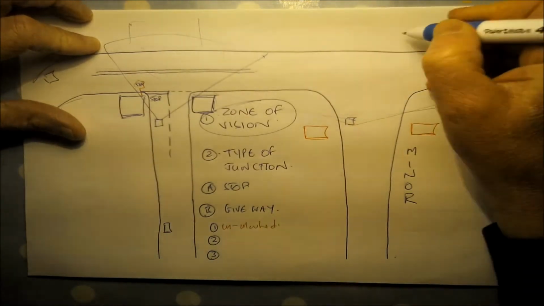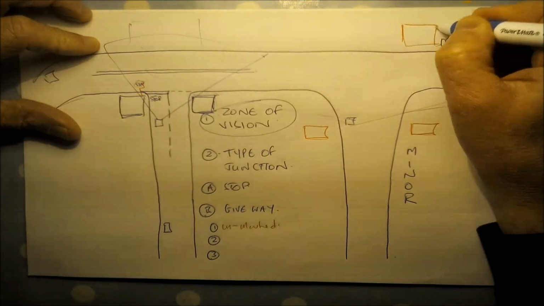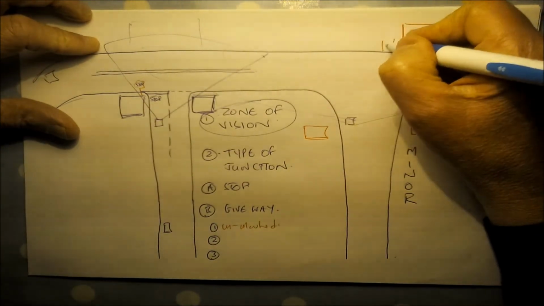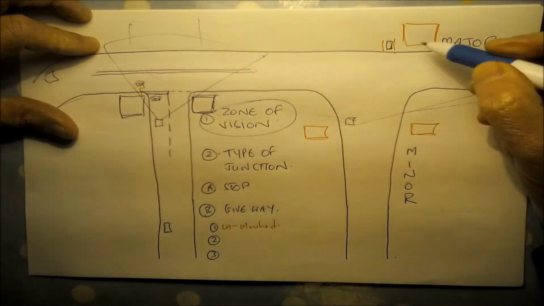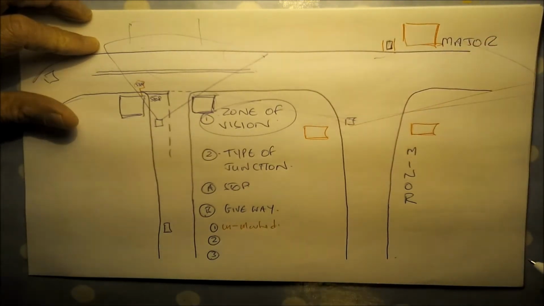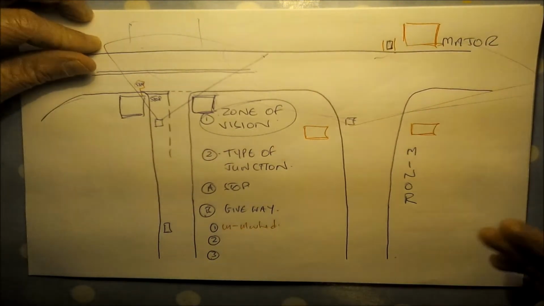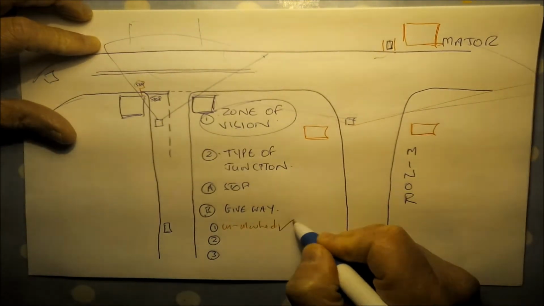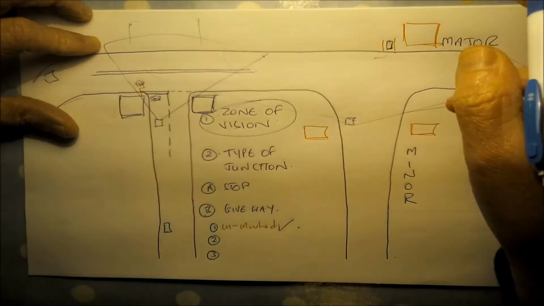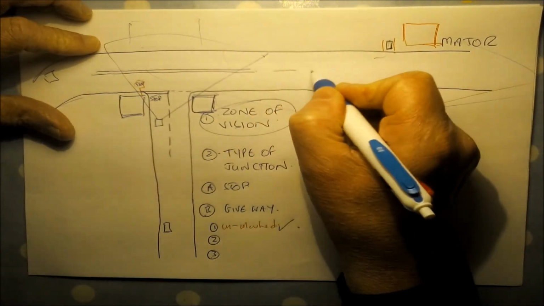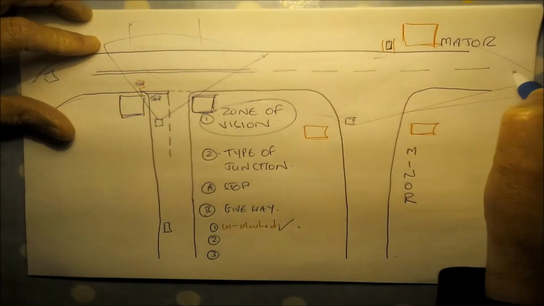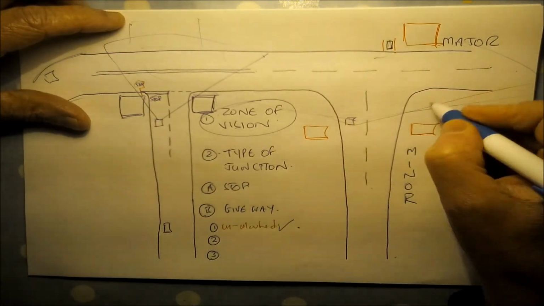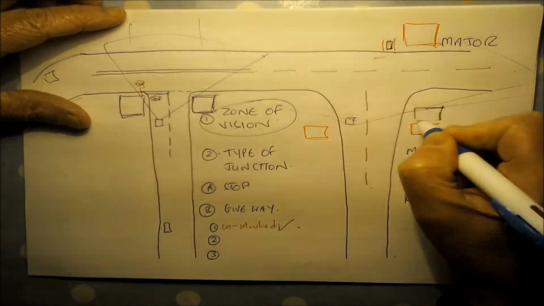Okay, everybody's driveway, if you imagine this is a house where somebody lives and they've got their drive and they've got their car parked there, that is an unmarked give way. Yeah, so we recognise that scenario, and you're expected to recognise that scenario if you're going to be a driver. Now it could be that this road is possibly a little bit busier, and maybe this road is a little bit busier, and it could be that the buildings are a little bit closer.